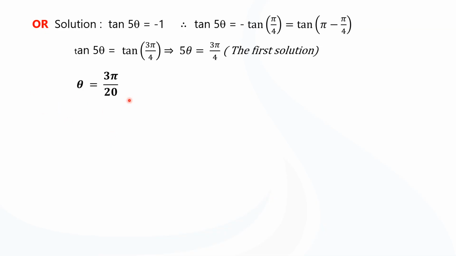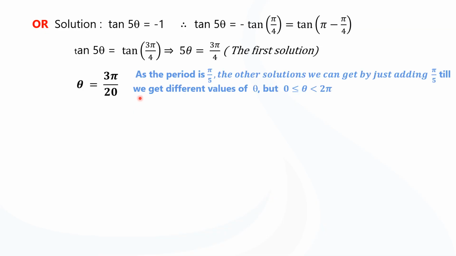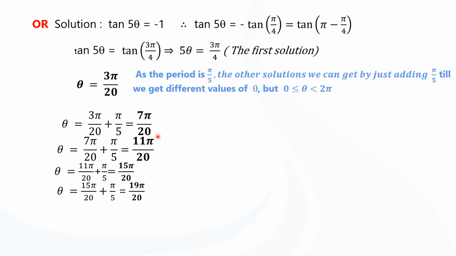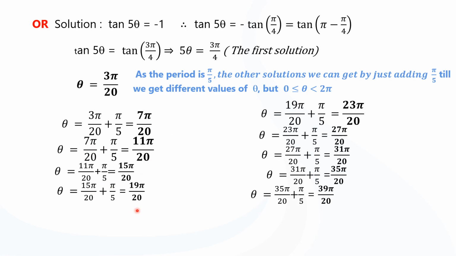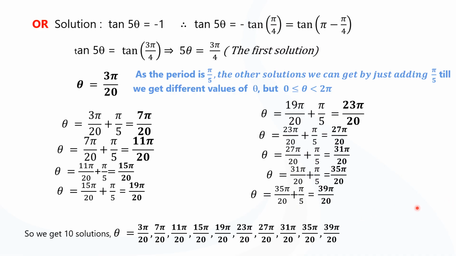That means we are going to get the same solutions if we go on adding pi by 5. You add pi by 5 to this one, we get 7 pi by 20. You add pi by 5 to 7 pi by 20, you get the next solution. So go on adding pi by 5 till your value of theta is less than 2 pi. That's how here also we are getting 10 solutions. Whichever method you remember, you can perform that in the exam.